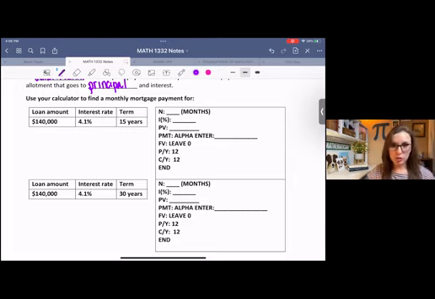And so when you use your TVM solver, you are going to type in the number of months, so basically the number of payments on the loan, the interest rate, obviously, the present value, that's going to be the amount that's borrowed. The payment is what we're looking for. We're going to leave the future value 0, and then we're paying 12 times a year. So pull up your calculator, type in the amounts, and see what you get for your payment.